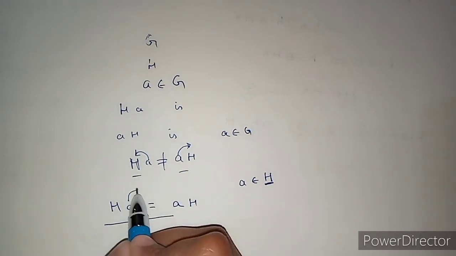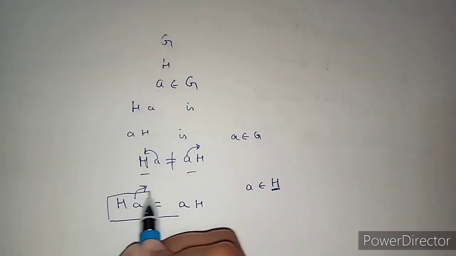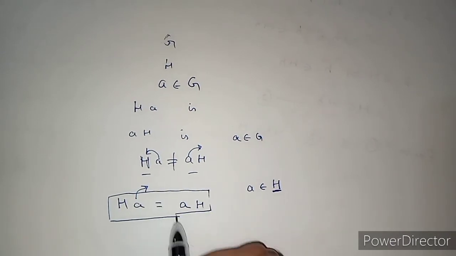Okay, if A belongs to subgroup H, these two are always equal. Left coset and right cosets are always equal if A belongs to subgroup H. If A belongs to group G, then right coset and left coset need not always be equal. So this is the concept. Based on this concept we will discuss one theorem.